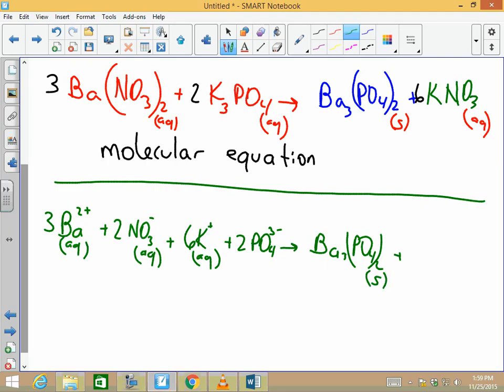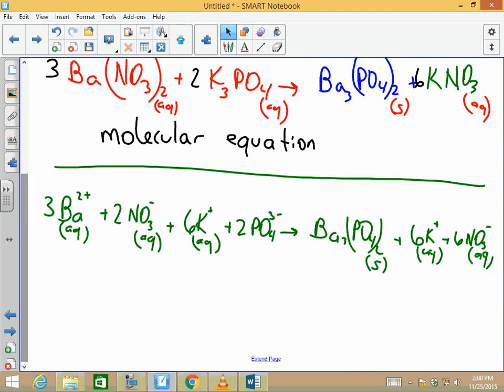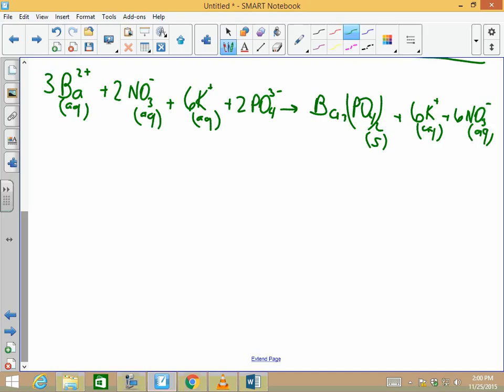And I have 6 Ks again, 6 potassium charge of +1, aqueous solution, and I have NO3s, 6 of them, charge of 1 negative. It is also aqueous solution. So this over here, the second equation, is my complete ionic.